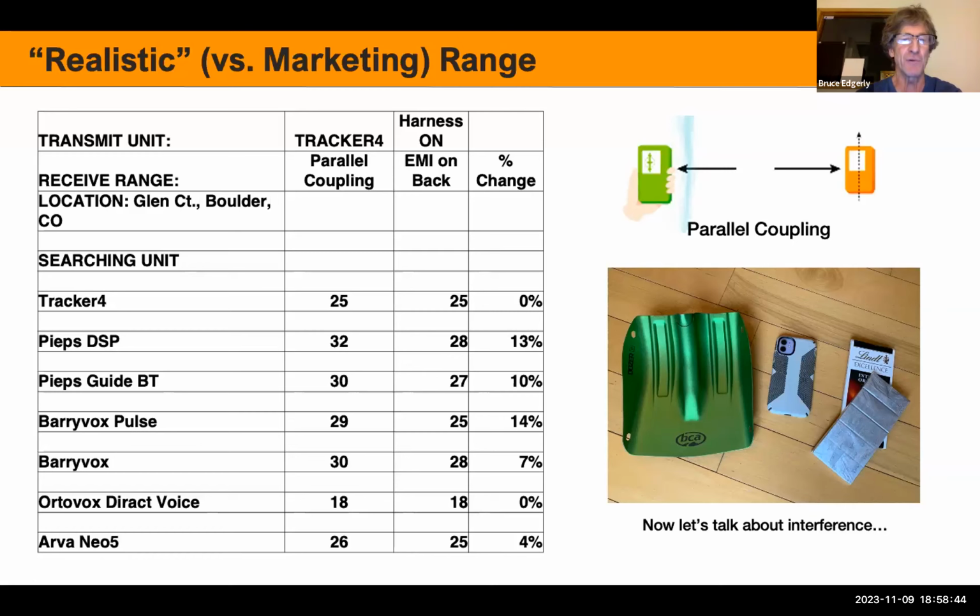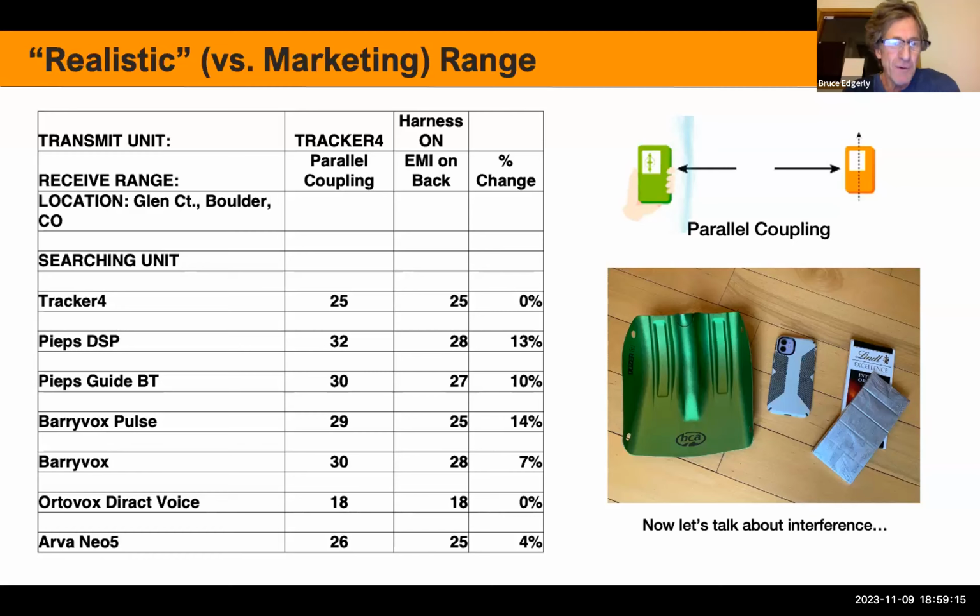I think Greg made a good point about search strip width being really the important thing, because a lot of times when people talk about range, they think about optimal range or inline coupling, where the transmit antenna is perfectly lined up in line with the receiving antenna, which is virtually impossible in the field. And likewise, perfectly perpendicular orientation is also extremely unlikely.